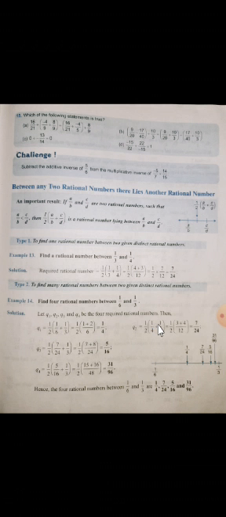So 1 by 4 plus 1 by 3, if we add, it will be 3 plus 4 divided by 12, sorry, 3 and 4 if we add, it will be 7 by 12. So 7 ones are 7 and 2 12s are 24. So first rational number we got, second rational number also we got.